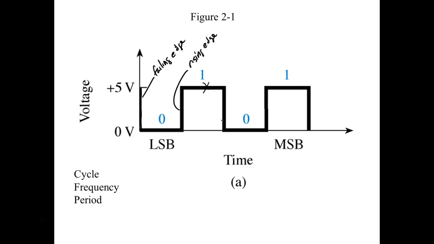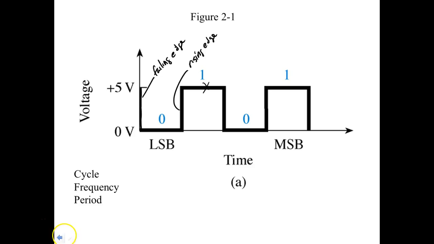Everybody okay? It all depends on what system you're working with, whether it times on the rising edge or the falling edge. Most of your computers now, to get double speed, actually time on both edges, so you get twice the speed with a slower clock. Does that make sense?